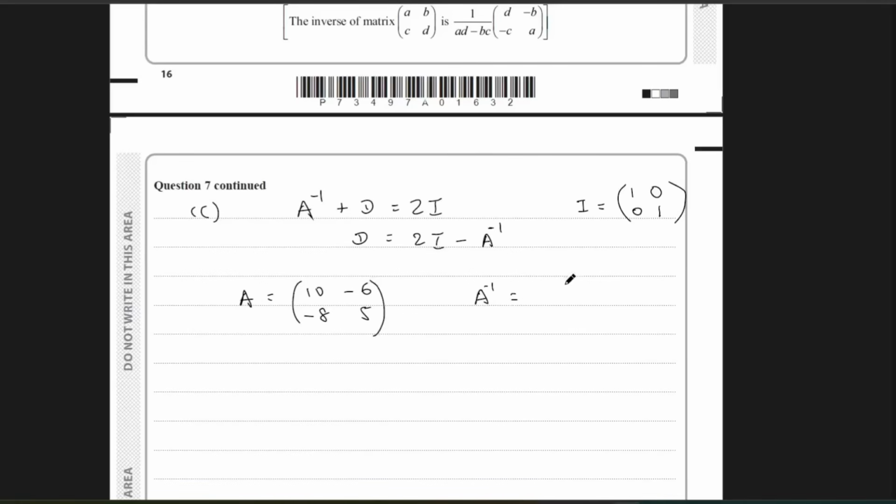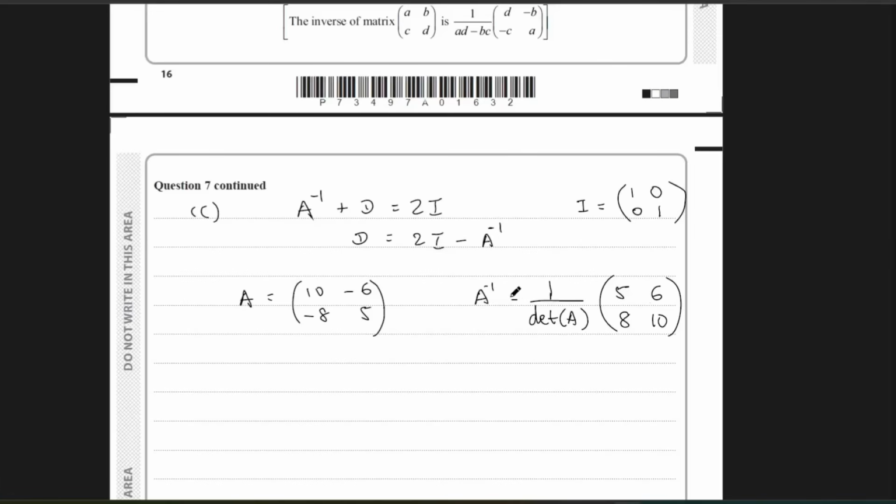To find the inverse, we have to find the determinant. The formula is A inverse equals 1 over determinant of A times, we'll have to switch positions. We will swap these two, 10 and 5, so 5, 10, and then we need to multiply the other diagonal with minus 1 so that they become 6, 8.